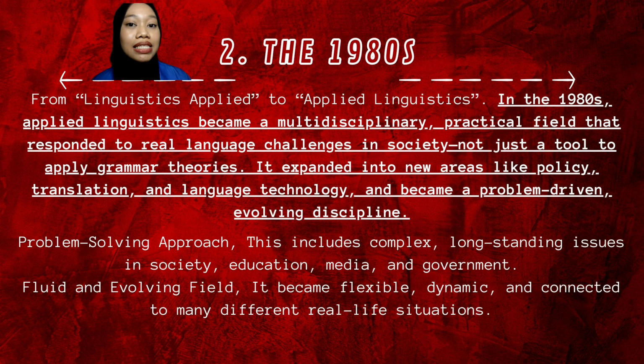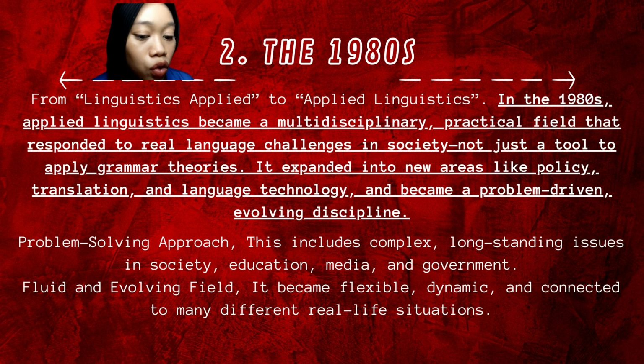After the 1970s, now to the 1980s: from linguistics applied to applied linguistics. In the 1980s, applied linguistics became a multidisciplinary, practical field that responded to real language challenges in society, not just a tool to apply grammar theories.